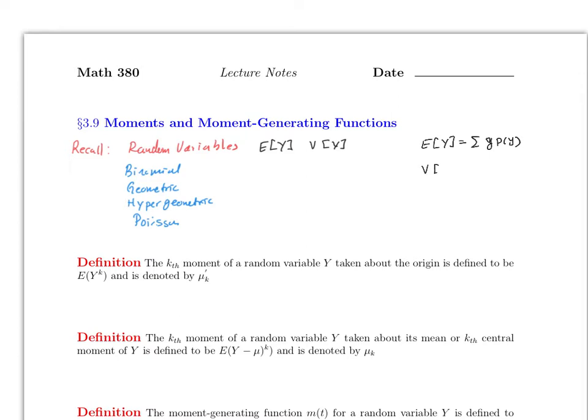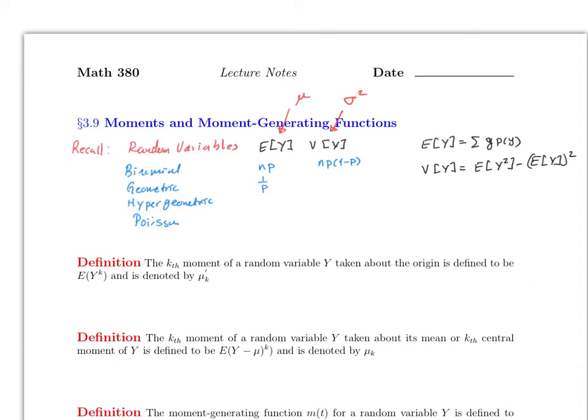And then the variance, we have two formulas, but you could say the expected value of y squared minus the expected value of y, squared, which also, remember, for notational purposes, this one is usually called just mu, and this sigma squared. So for the binomial, the mean was just n times p. The variance was n times p times 1 minus p, or npq.